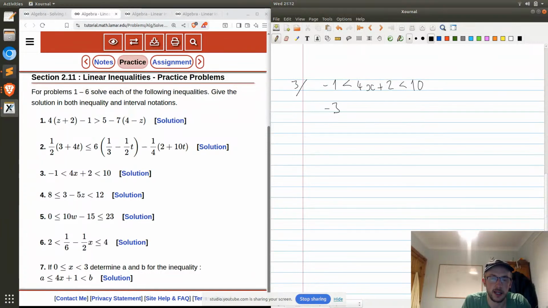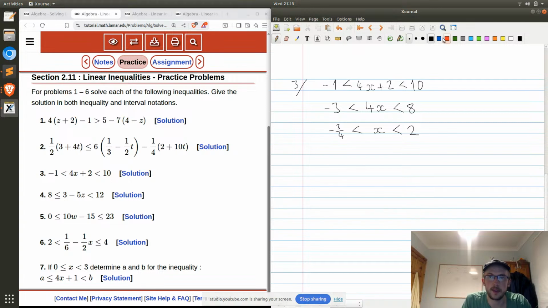Okay, that gives me negative 3 on the left, 4x in the middle, like I intended, and 8 on the right. And now I will divide the left and the middle and the right by 4. That traps x in the middle, just like that.